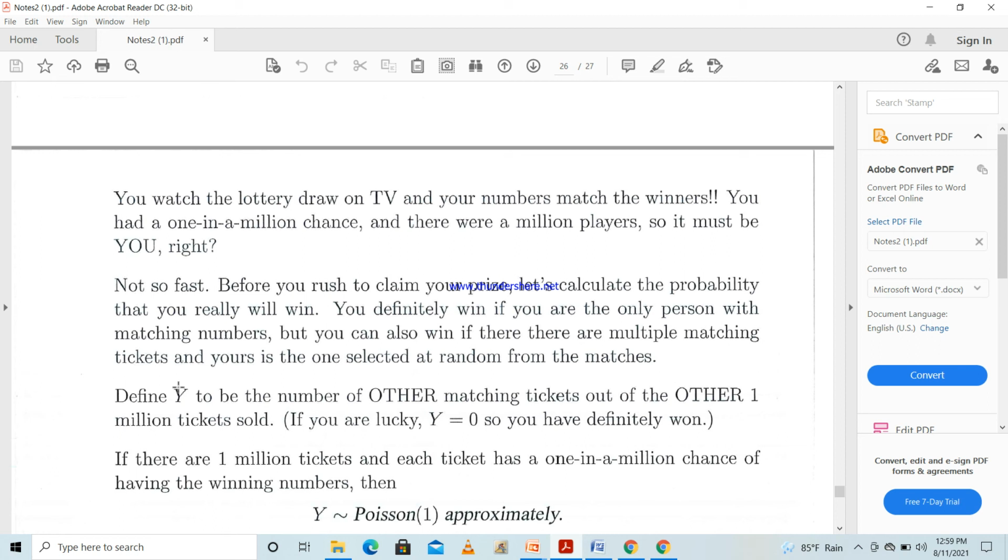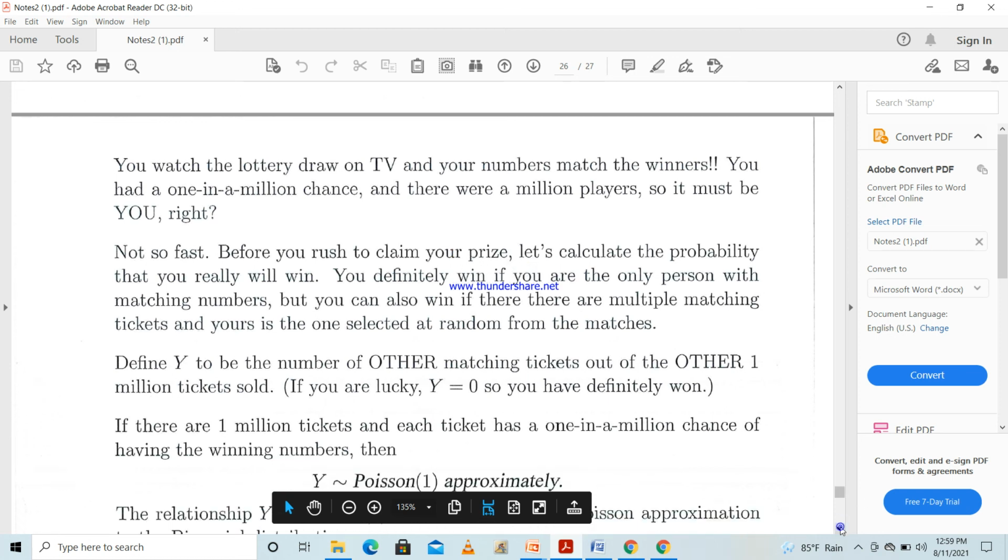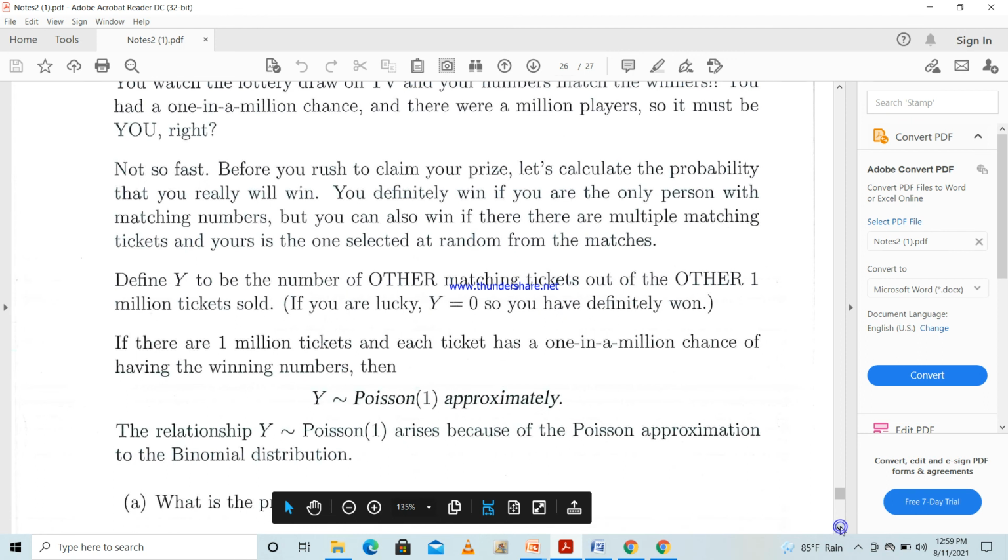So you are lucky and you will definitely win if Y is equal to 0. If you take any ticket, there are only two possibilities: either you win or you lose. So it's a binomial process.